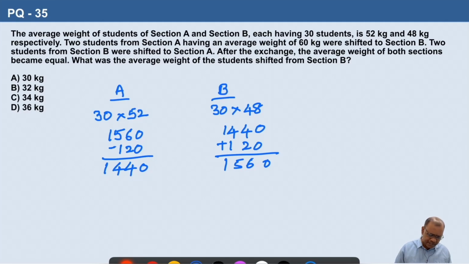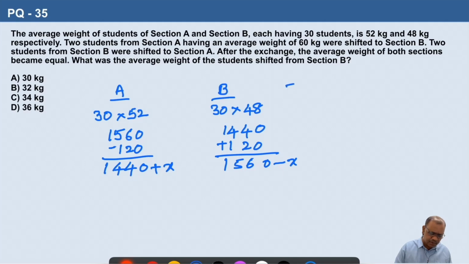So the total weight of the two students is x kg. Let us assume x kg. They are shifted from section B to section A. Subtract there, add here. So what is this x?